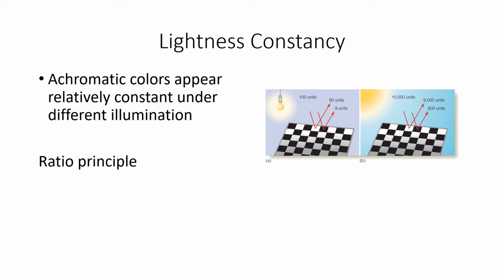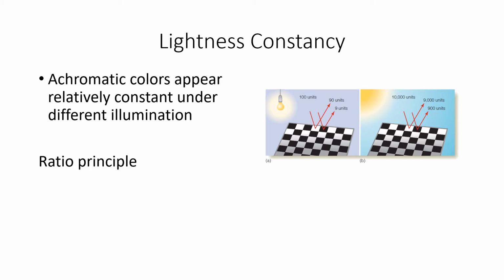Okay, so with the different shades of gray, I'm going to move between those, right? Well, move that checkerboard out to the sun, where you have 10,000 units of light shining down on it. Now the white is still reflecting 90% and the black is still reflecting 9%, so now the white is at 9,000 units and the black is at 900 units. And again, we're going to see the white and black checkerboard.